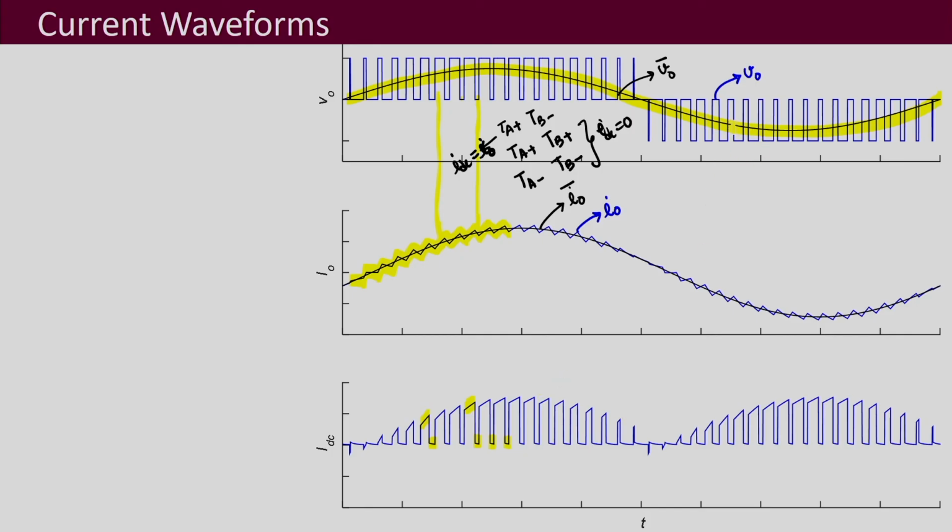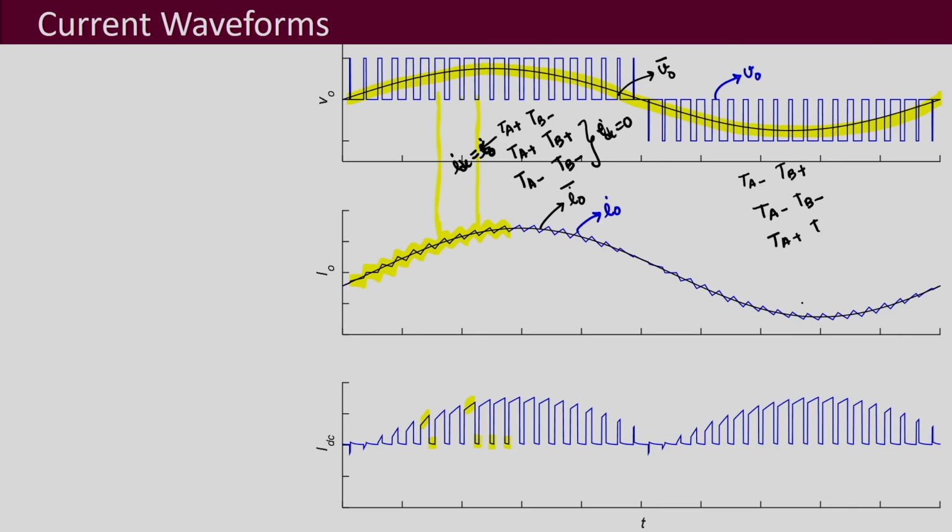And when the average voltage becomes negative, the switching combinations that mostly arise are TA minus and TB plus, then TA minus and TB minus, or TA plus and TB plus.